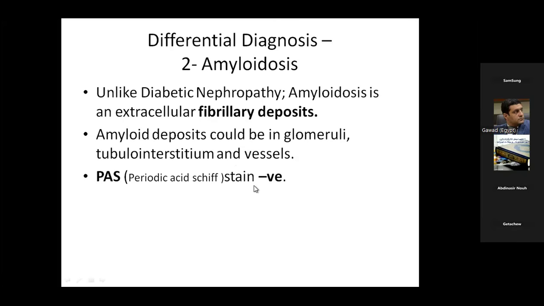Unlike this, amyloidosis is PAS negative or weakly positive. The PAS stain gives us the pinkish color, as we have seen in the PAS slides. So it will be either PAS negative or lightly pink when compared to the diabetic glomerulosclerosis.